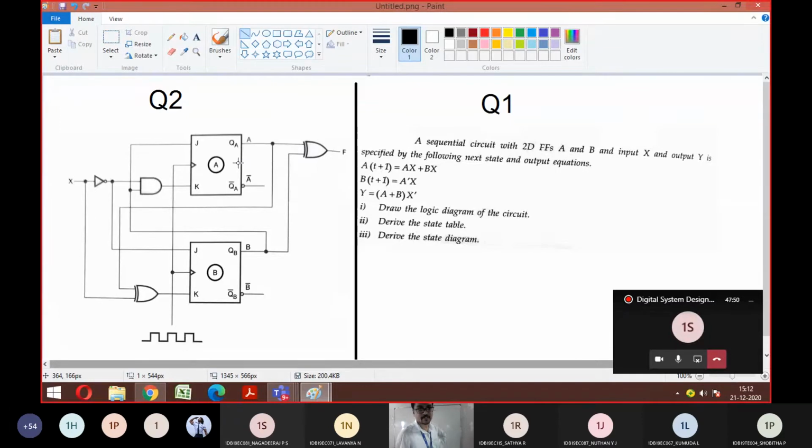From the circuit, what is the output equation here? The output is F, correct? F is connected to what type of gate? XOR. Now for this XOR, how many inputs are connecting?